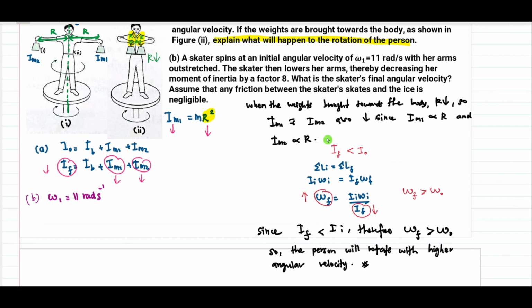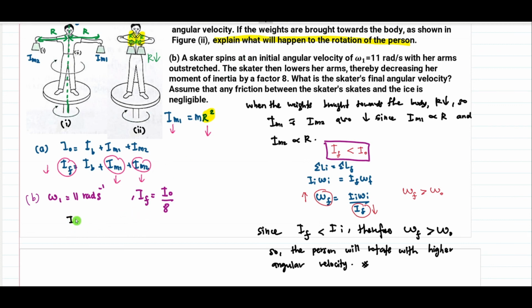We already know that the moment of inertia of the skater should decrease. But by how much? I final decreases by a factor of 8. That means I final is equal to I initial over 8. What is the skater's final angular velocity? So now we want to calculate omega final.